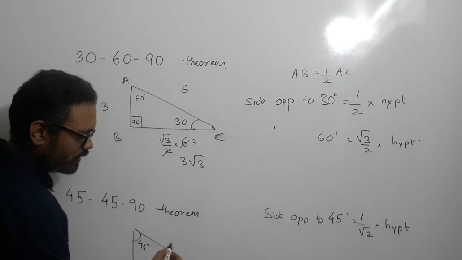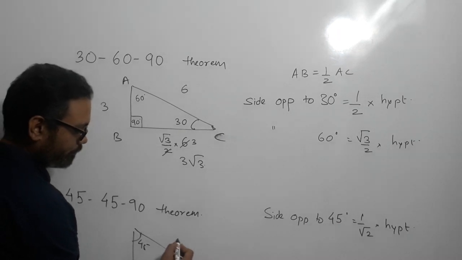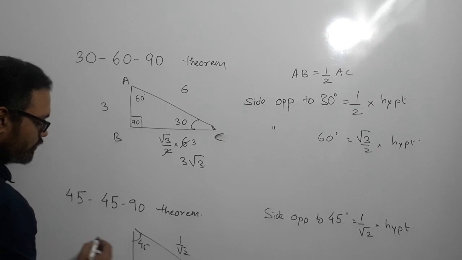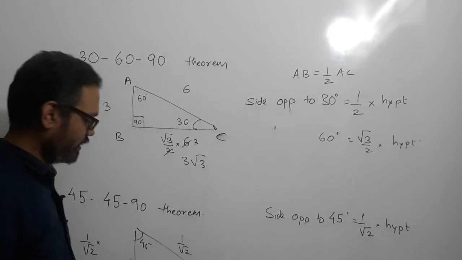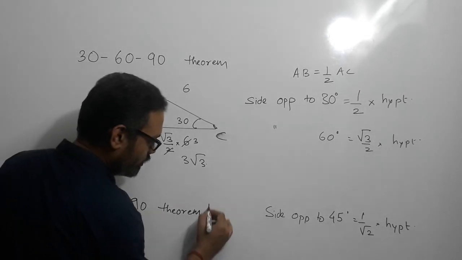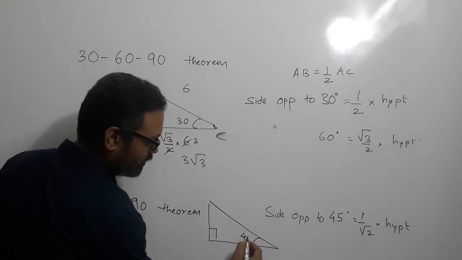Similarly, in this triangle, let's say they have given the hypotenuse as root 2. I think this part is not visible, so I'll just do it in this way. This is 90 degrees, this is 45 degrees.